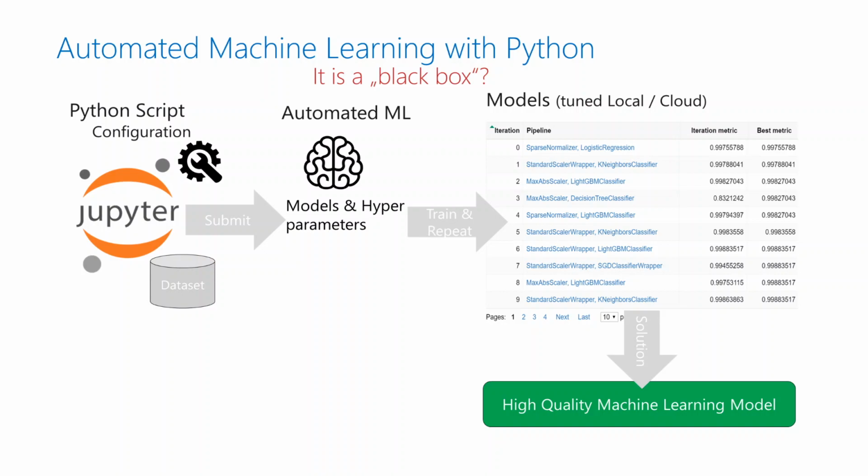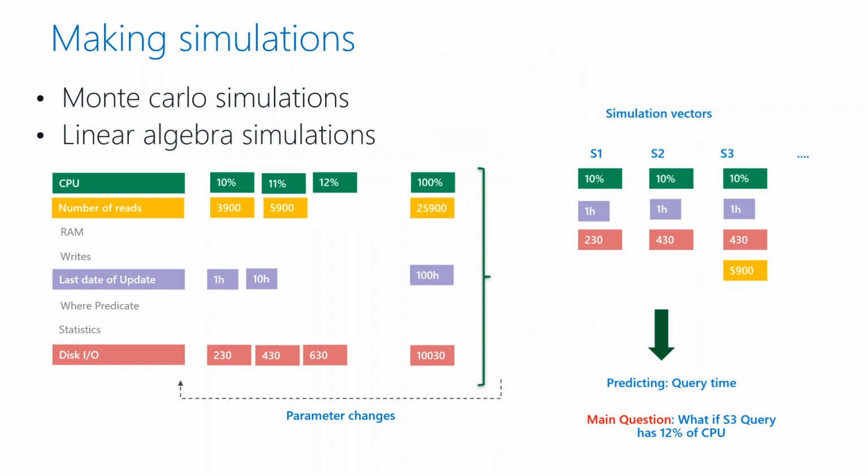Again, it might be a little bit black box, but this is where a statistician or data scientist should come to the DBA and start working with him. Even if it's a little bit black box, it can definitely give you the best result. You can also do simulations like Monte Carlo simulation, linear algebra simulation, to find the best vector, in this case, for predicting the query time.